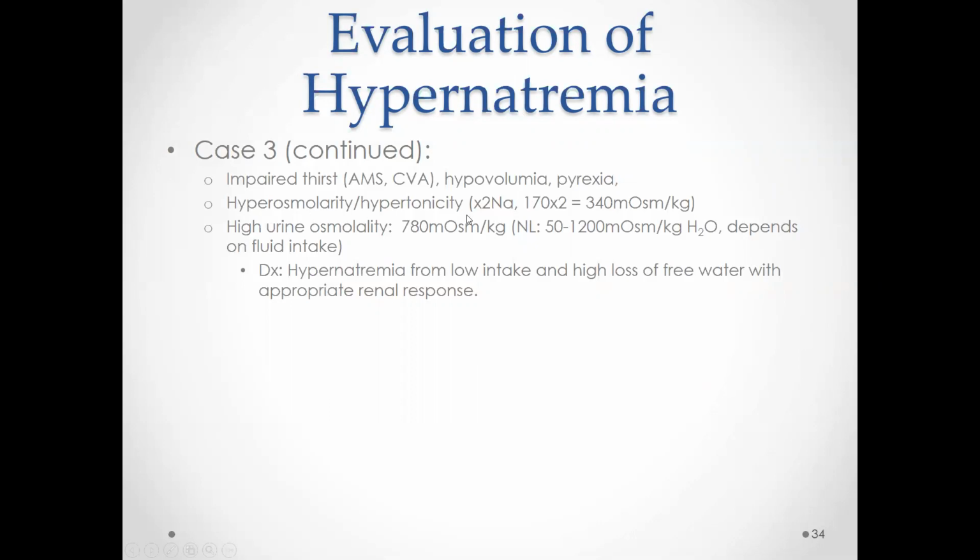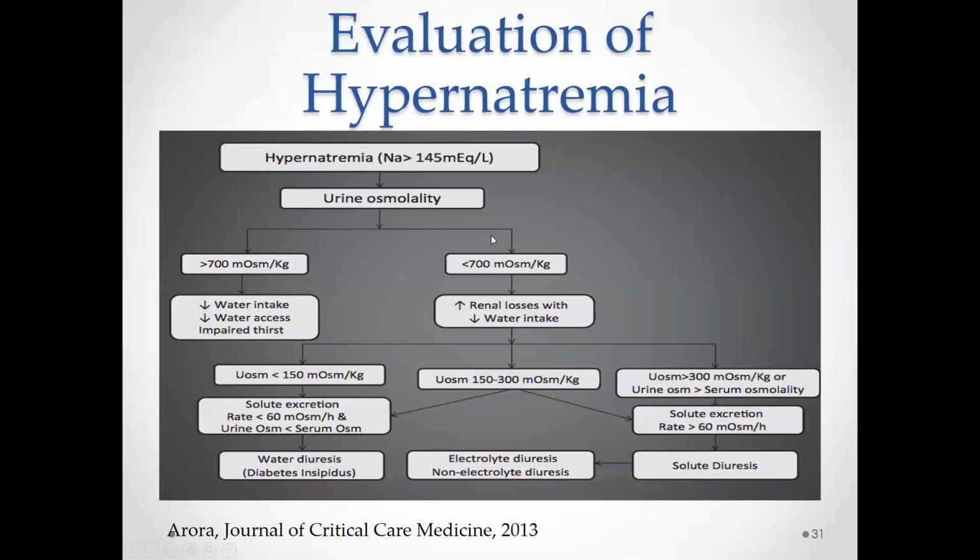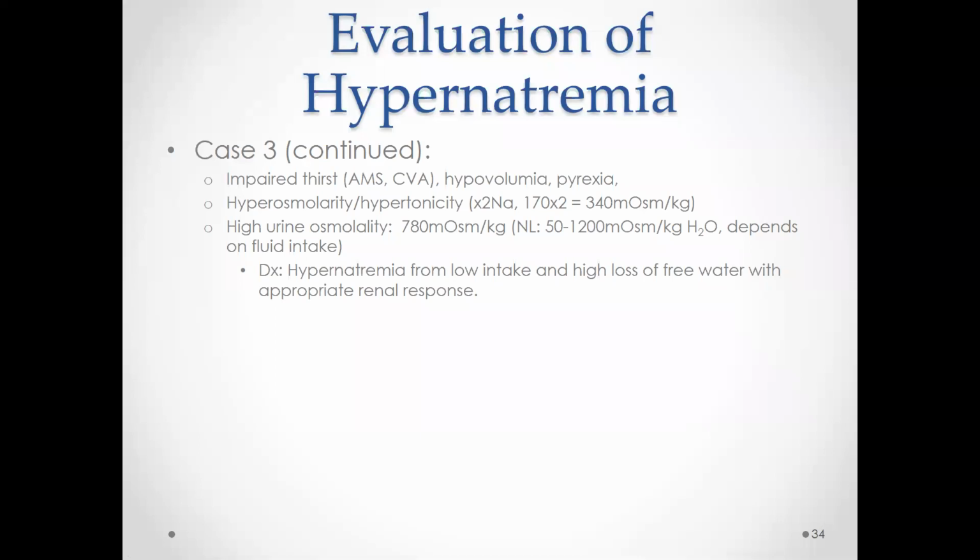She is hypernatremic, and again, hypernatremia is always associated with hypertonicity. Next, we look at the urine osmolality. This patient's urine osmolality was 780. Again, if we look at 2 slides before, any urine osmolality greater than 700 is more consistent with the kidneys working, but there's a problem with free water intake. Okay, and so the diagnosis is hypernatremia from low intake and high loss of free water with an appropriate renal response.